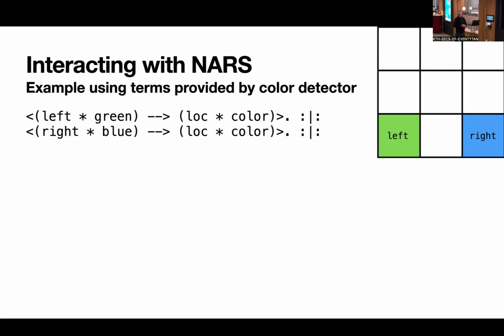That's the top line. And the second line is an interaction between seeing something to the right and seeing something blue: a right location and a blue color. And this colon dash colon sign is the way to say to NARS that this is an event in time. So this situation is described as two events in time.